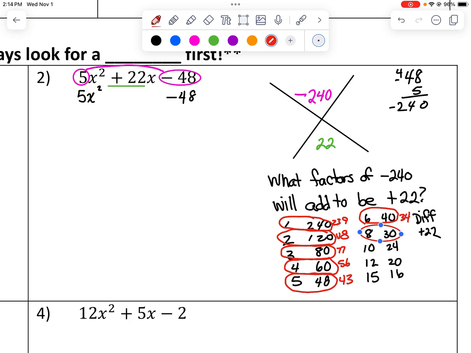Winner, chicken dinner! We got it right here, my friends. The difference here is 22.